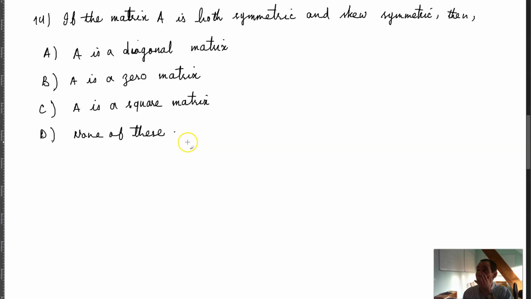Now we are saying that A is symmetric and also skew symmetric, meaning that A prime is equal to A, and also A prime is equal to negative A. That means that you can write A prime is equal to A is equal to negative A, right?